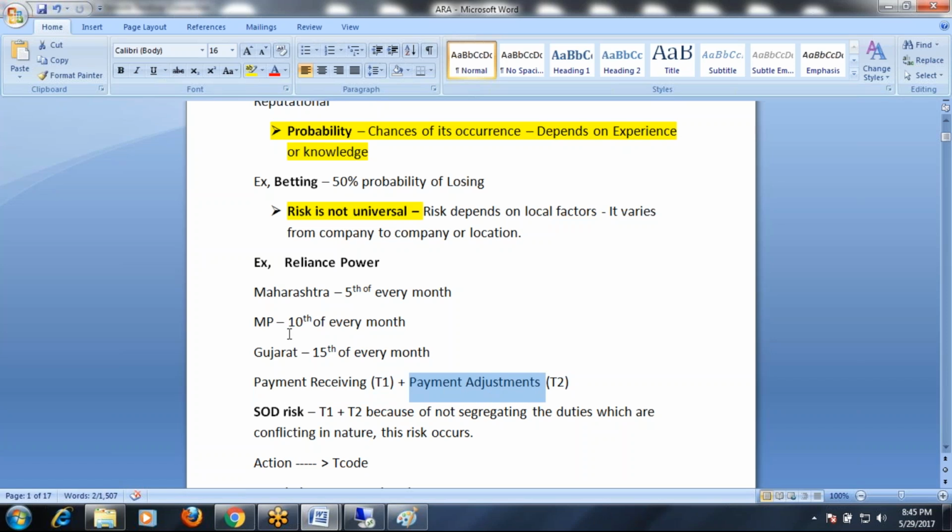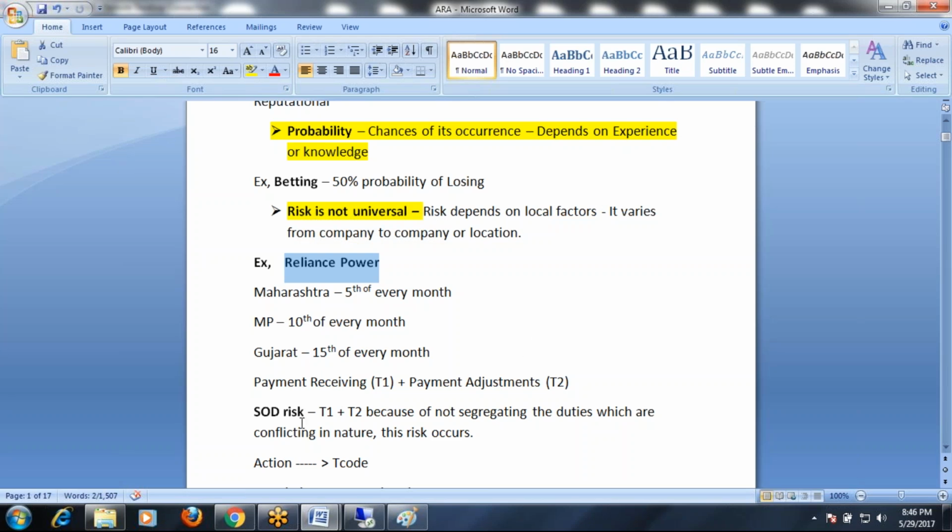And when Madhya Pradesh actually paid on the 12th or 13th, it was again adjusted as if paid by Gujarat. By doing this, a small fraud happened here. Madhya Pradesh has avoided the fine, and there is a loss to the company Reliance Power.